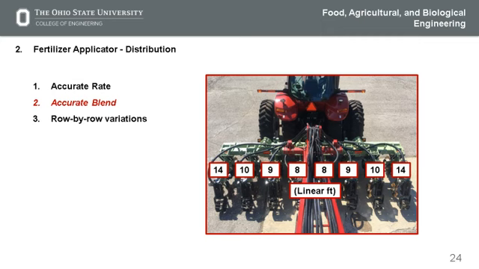So we just have a simple 8-row machine, and on the outside rows, that fertilizer has to travel 14 feet, where the rows in the middle only have to go 8 feet. So understanding how the distribution and metering affects your final placement and rates that are applied is a good thing to know when you're adopting a new tool or thinking about adopting a new tool.